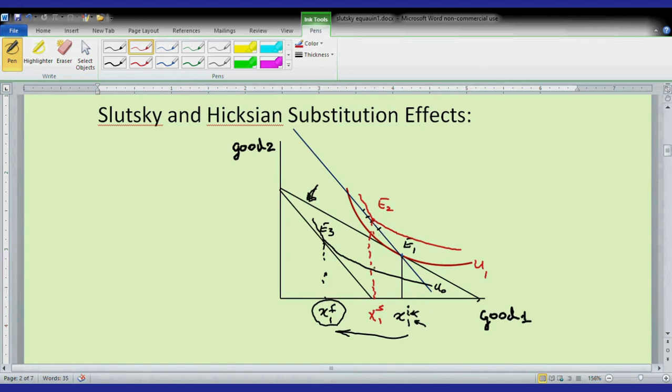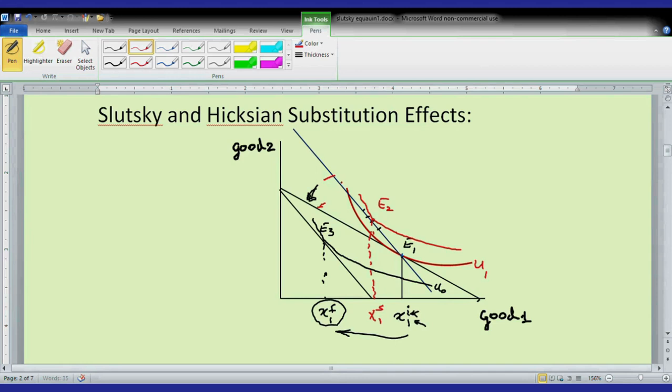Remember that good 1 is the good whose price has increased. So the movement from E1 to E2 has nothing to do with the change in purchasing power. This movement can only be attributed to the differences in the relative prices of good 1 and good 2 along this blue budget constraint and along this initial budget constraint.